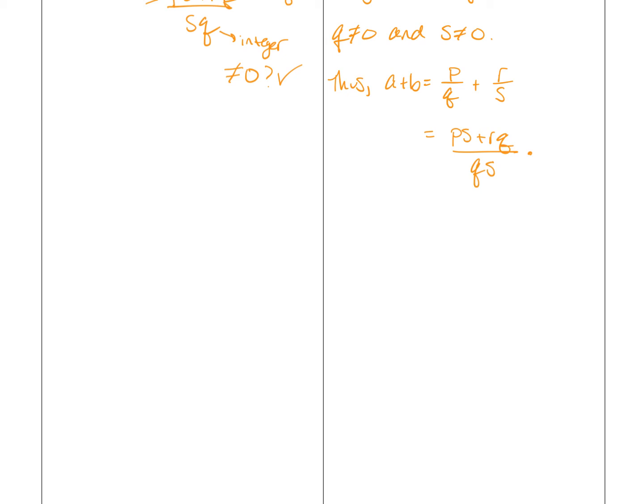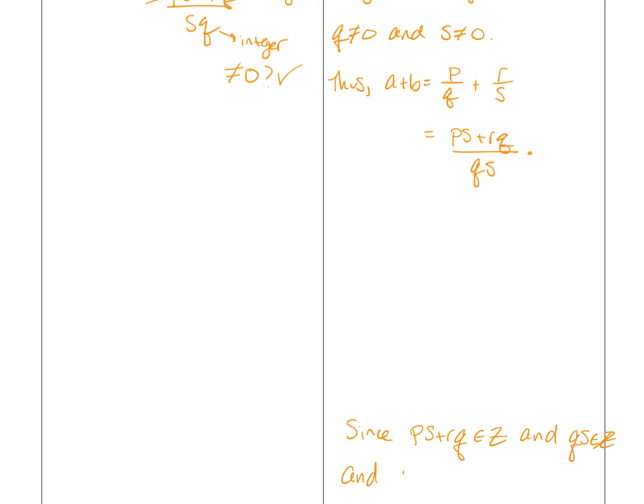Now we just need to add in a couple of small details so that we can draw the conclusion. So we know ps plus rq is an integer because p, s, r, and q are all integers, and sums and products of integers are integers. For the same reason, we know qs is an integer.